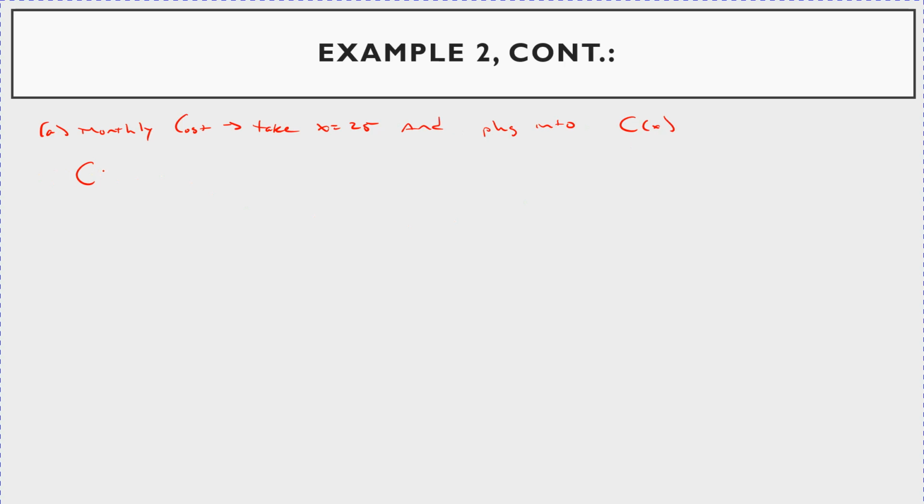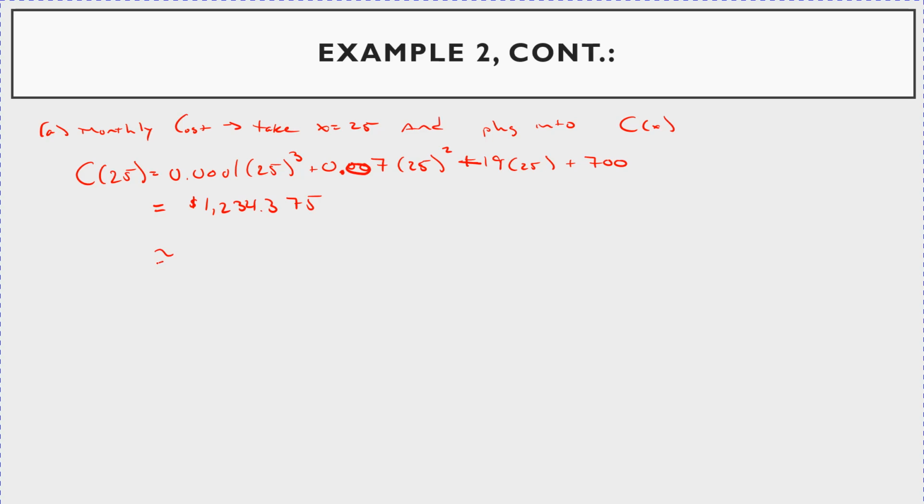C of 25 is equal to 0.001 times 25 cubed plus 0.07 times 25 squared plus 19 times 25 plus 700. I'm sorry, I had an extra digit in there. If you plug this into your calculator, you'd get 1,234.375. So we'll just round this up.